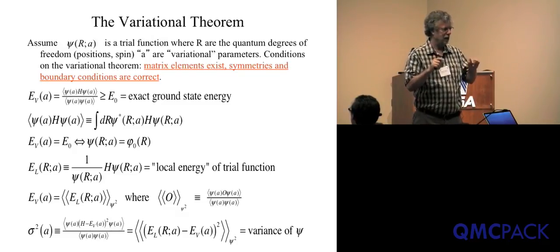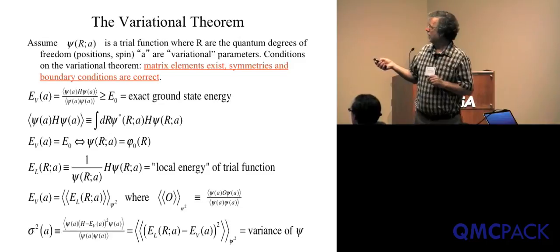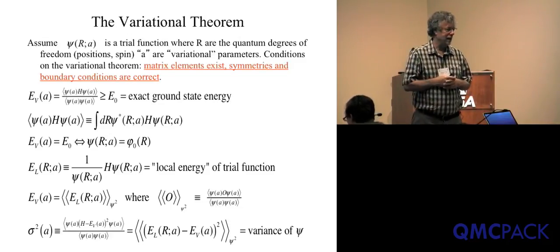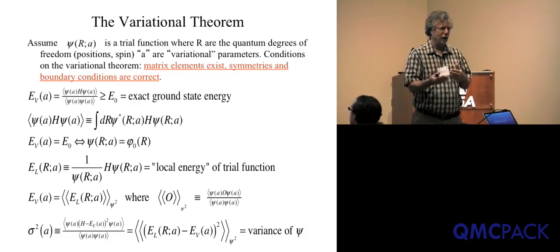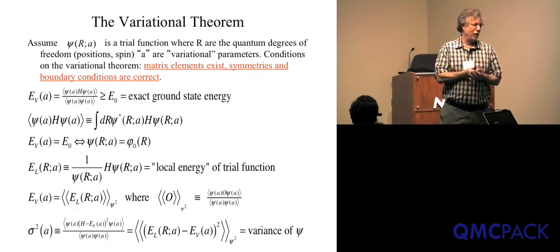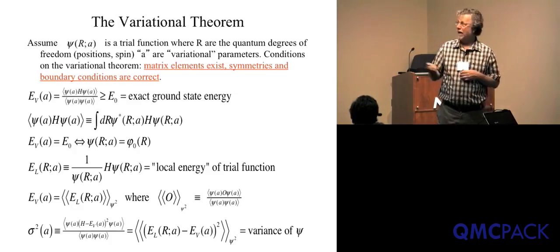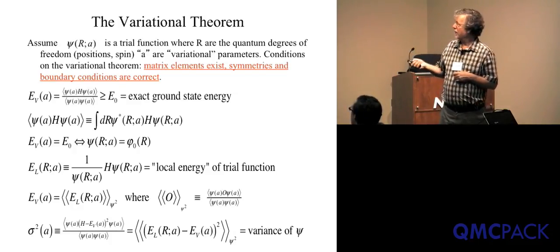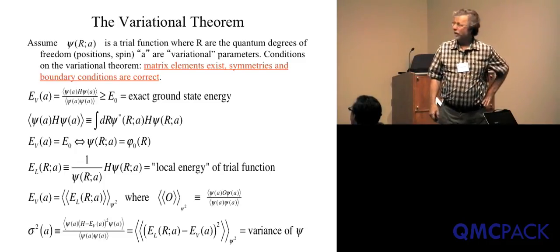I mean, they're normalizable in the sense that this expectation value exists, but we don't know what it is analytically. That's where we differ from, say, density functional theory or Hartree-Fock. There, if you have a Slater determinant, you can compute the normalization integrals. You do compute them. You normalize the orbitals. But we deal with correlated wave functions, and you can't do that analytically.